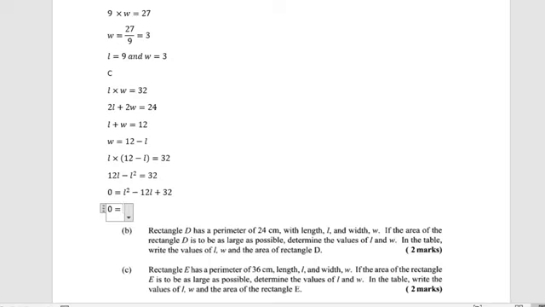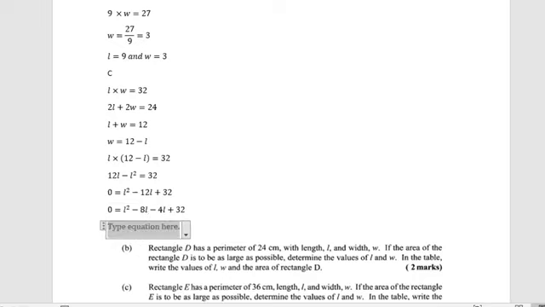So what we'll have is L squared minus 8L minus 4L plus 32. And then when we factorize, 0 is equal to, for the first paired term, the common factor is L, and L into L squared will leave us with L, and L into minus 8L will leave us with minus 8. And for the second pair, the common factor is minus 4.